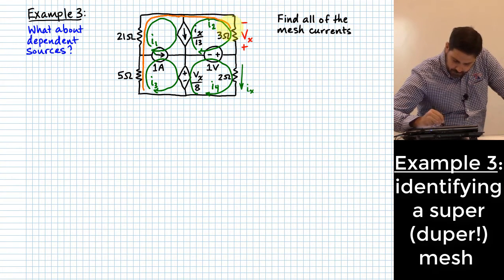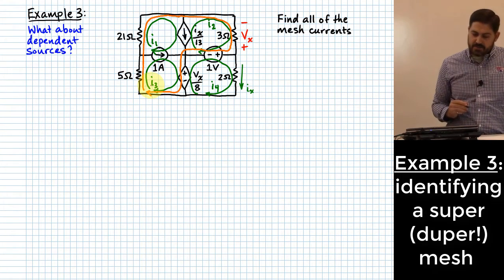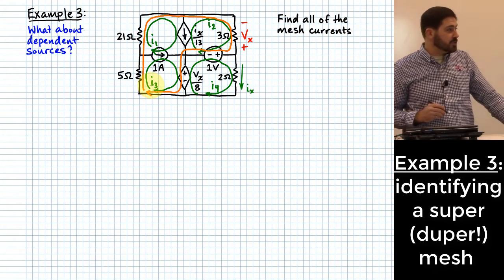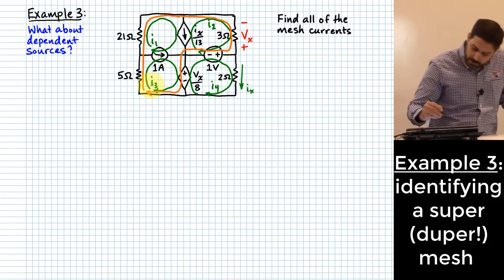Then come down through here. What about my voltage source here? There's no rule about that, so I just keep going, and I come back down through here. This voltage source doesn't mess me up either. So what I just drew there, if you want to call it a super duper mesh, you can, but this is a super mesh.